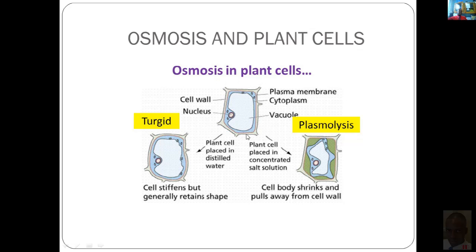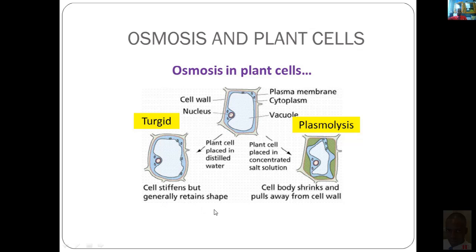In between, we have the isotonic, where the water potential on both sides, inside the cell and outside the cell, are basically equal. Alright? But there's another term called flaccid or flaccidity. Flaccid describes the cell's condition moving towards plasmolysis.